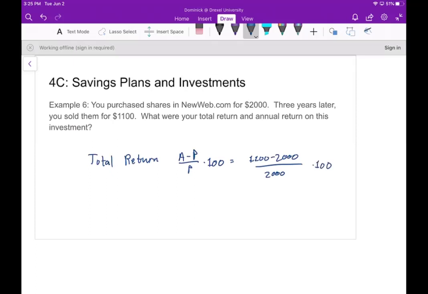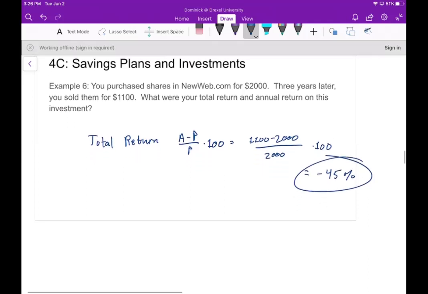And if we do that in the calculator, we get negative 900 divided by 2,000. And then if we multiply that by 100, we're going to get a minus 45%. All right, so you lost 45% of your initial investment here.